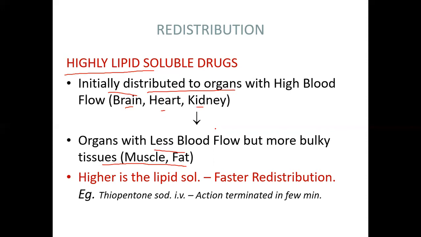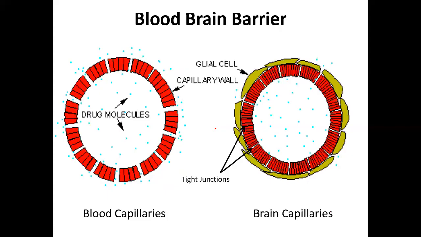As soon as this drug is injected IV, it immediately reaches the brain, heart, and kidney and causes action. But at the same time, it gets removed from these organs, so the action is terminated very quickly. This is the significance of redistribution.